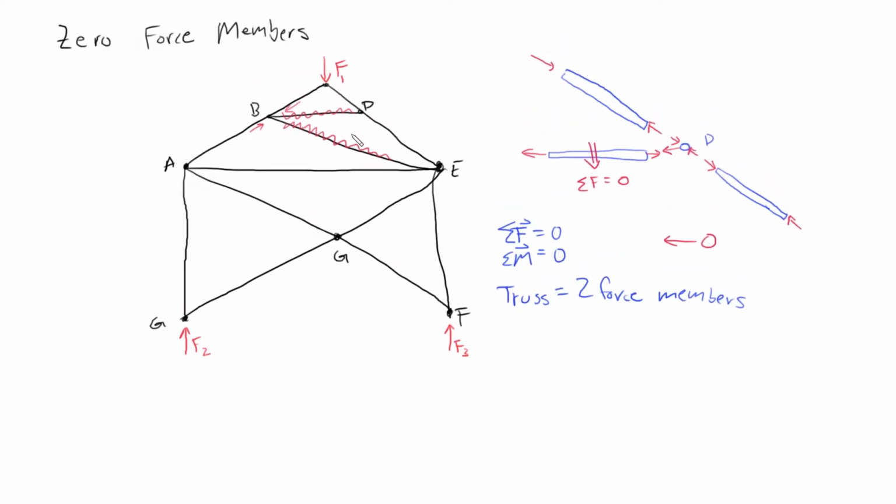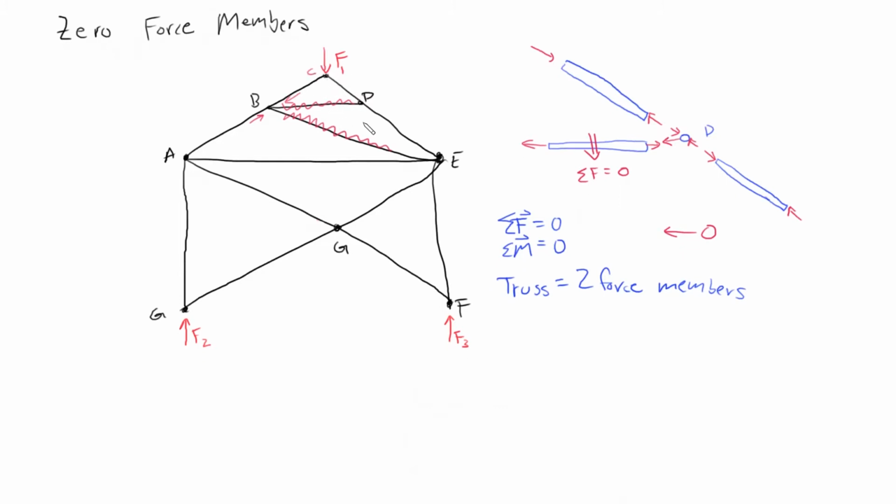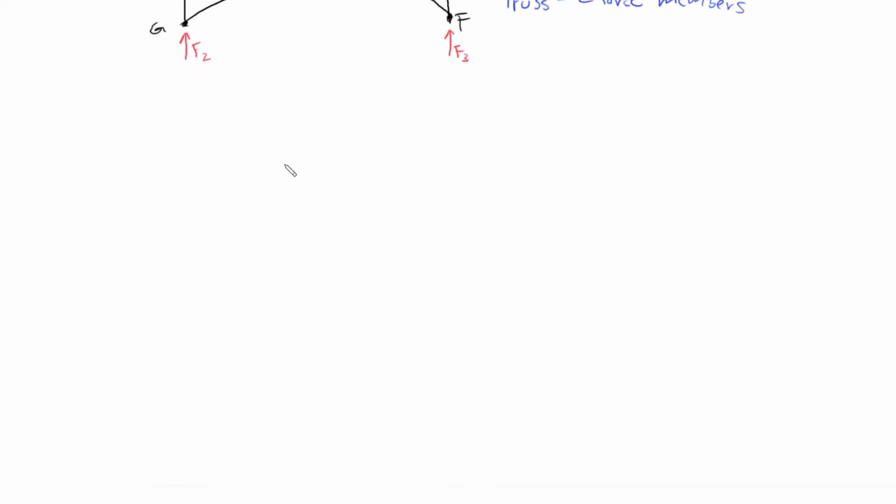Now we're gonna look at a different point, and we're gonna look at this point C. If we look at this point C, which is very interesting, because you might think these are actually 0 force members because they act in different directions. So if we didn't have that applied force that is going right here, then yes, these would actually be 0 force members. So they'll be pointing in that direction.